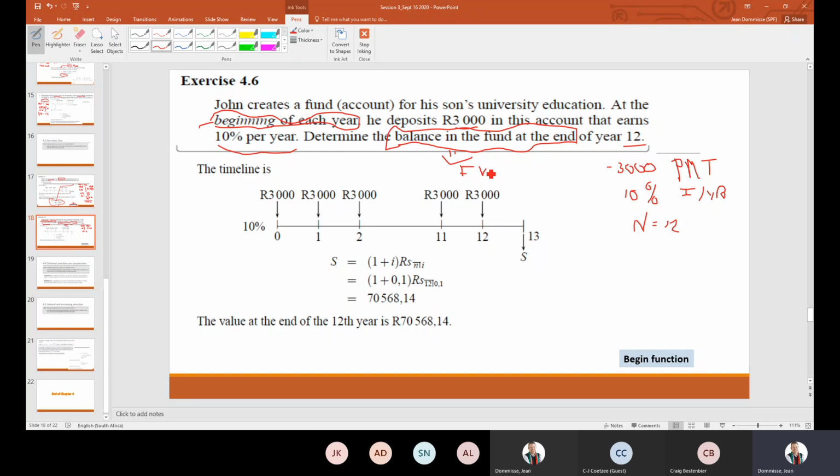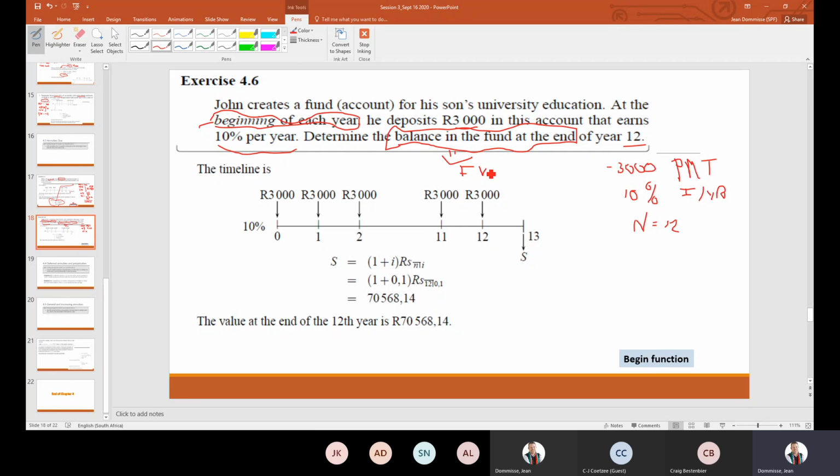So let's quickly zero present value. So the future value that I worked out is 57,568.14, which is the same as this calculation. I think once again it's nearly important to use the begin function.